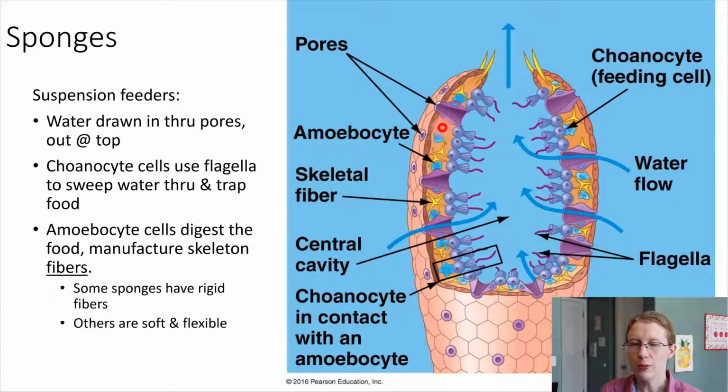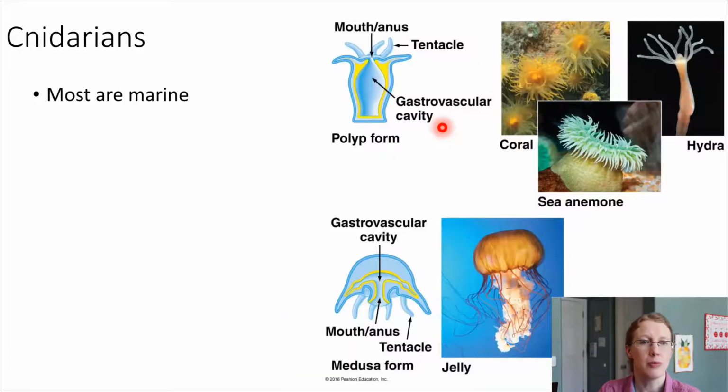Some sponges make rigid fibers, hard fibers, almost like glass, and other sponges make flexible fibers. This just ends up meaning that the sponge is either a rigid sponge or a squishy sponge, like the more familiar types that we're used to thinking about. So anyway, two major cell types. The choanocyte cells trap the food, and the amoebocyte cells actually digest the food.